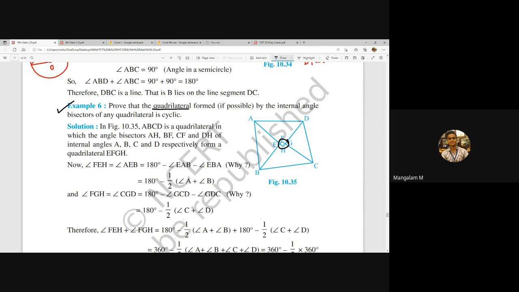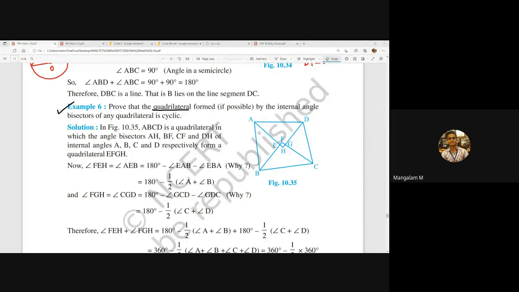So you have to prove that in quadrilateral EFGH, the sum of any one pair of opposite angles is 180 degrees. Either you can prove angle E plus angle G is equal to 180 degrees, or you can prove angle F plus angle H is equal to 180 degrees.